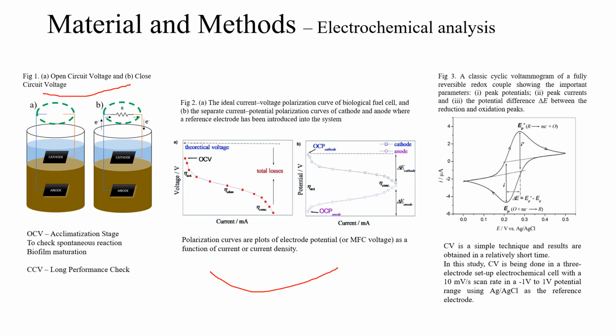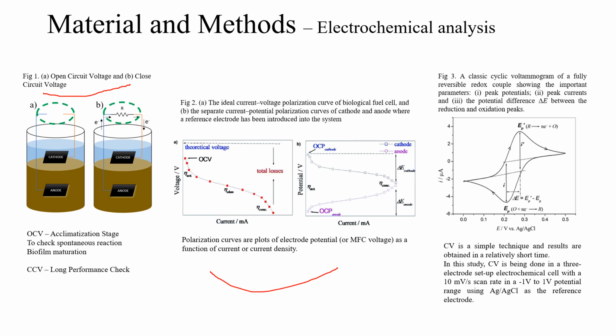Like in figure A, this is an ideal current and voltage polarization curve. As we can see, the steepness of the graph shows the total losses of the SMFC system, or as we can say, the internal resistance of the system.